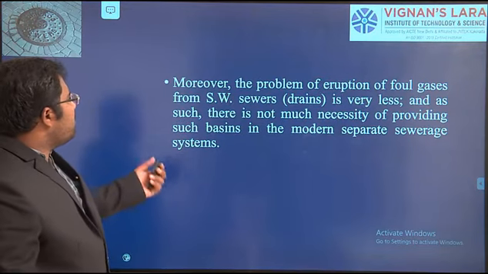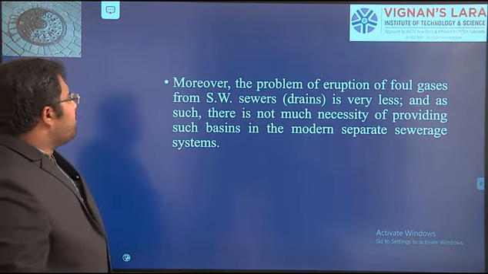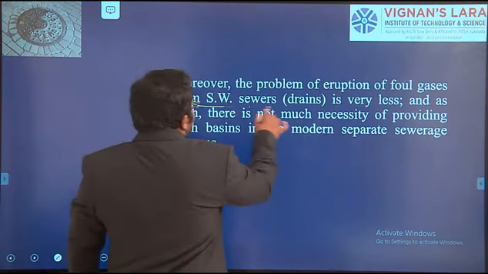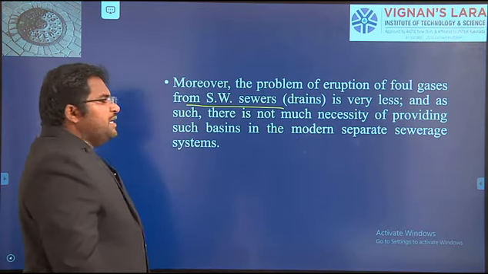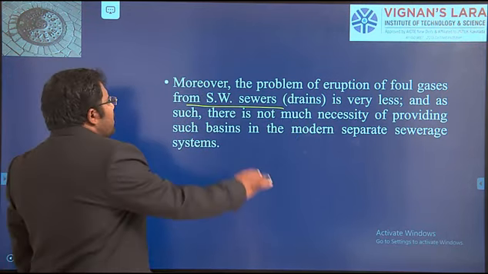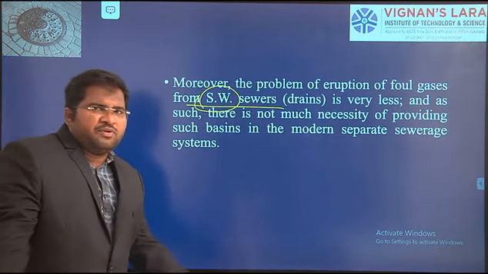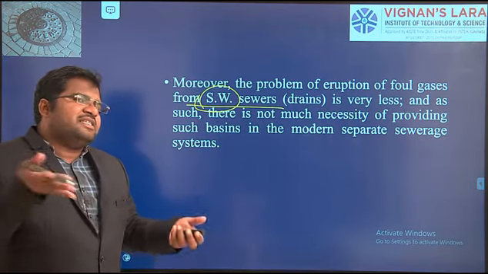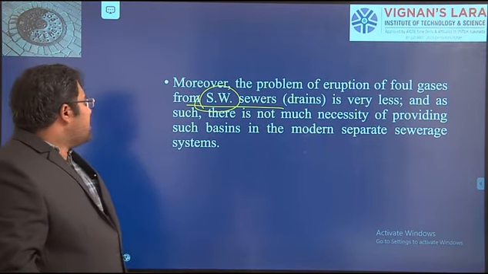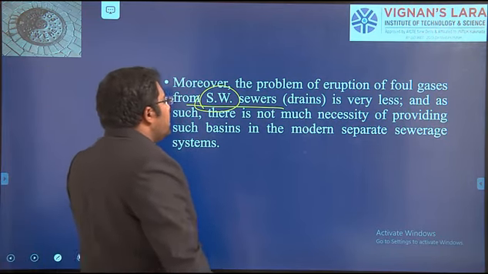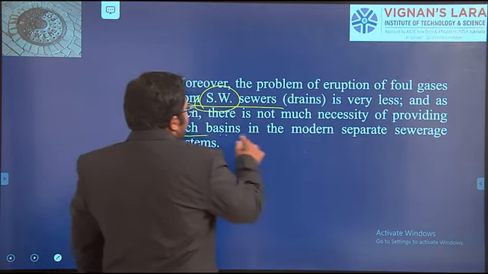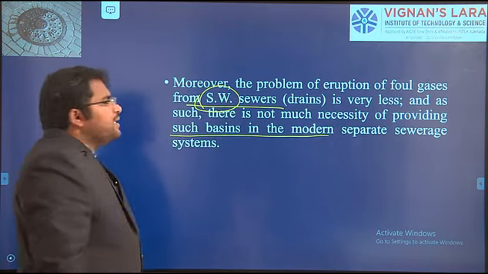Moreover, the problem of emission of foul gases from stormwater sewers is very small. Why? Because it is pure water. If it were sewage, we would get foul gases, and as such there is not much necessity of providing such basins in modern separate systems.